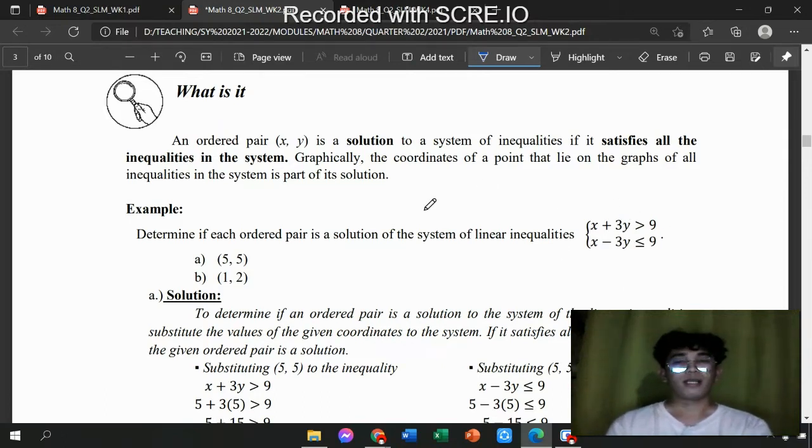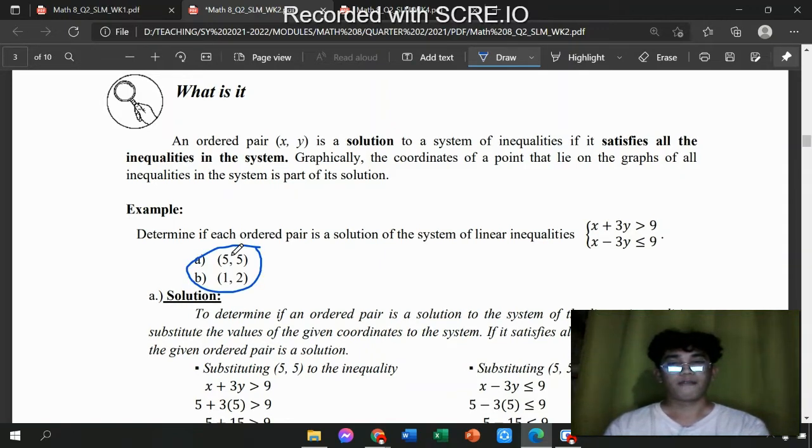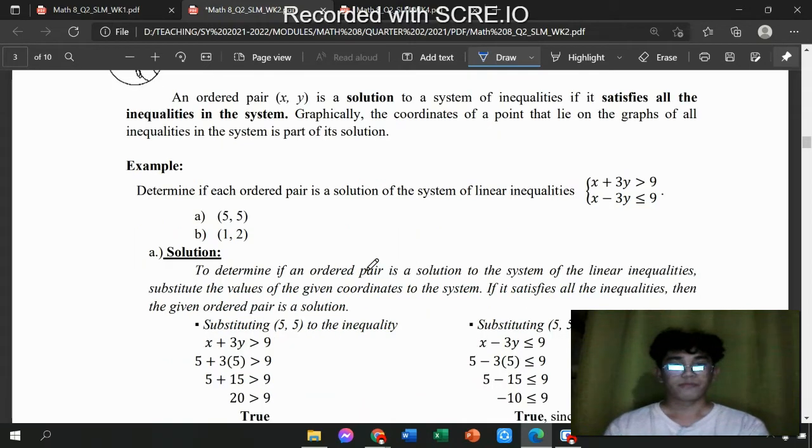Now atong i-determine kung kani nga mga given ordered pairs, kaning (5, 5) and (1, 2), are solutions to this system of linear inequalities. So unsaon man nato na pag-determine? So tanaw nato sa atong solution.